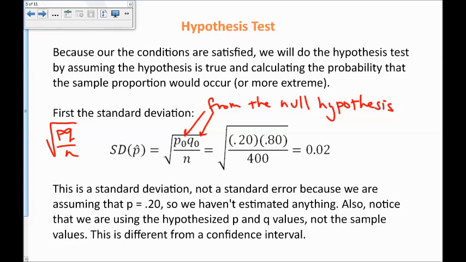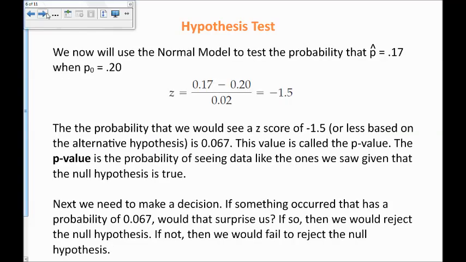Okay, so once we have our standard deviation, we can then plug it in and find a z-score. Again, z is equal to x minus mu over sigma, where x comes from the sample. So in this case, a better way to write it would be p hat from the sample minus p sub 0 from the null hypothesis, divided by the standard deviation, which depends on p naught, or p sub 0.